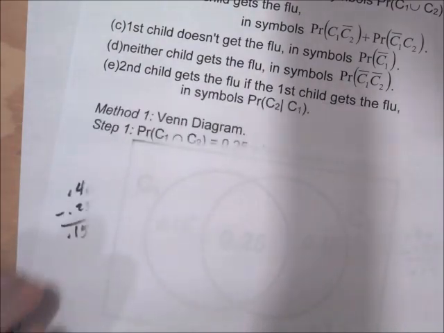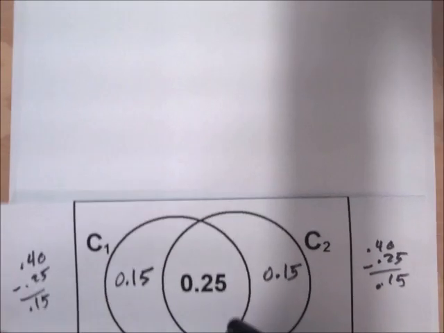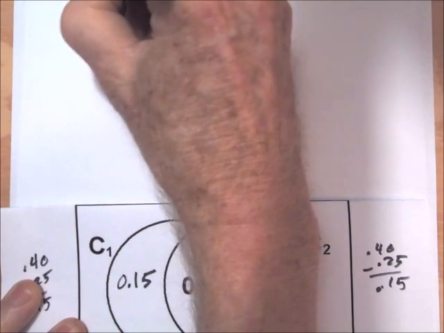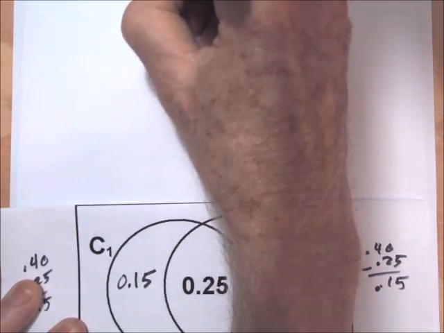For part A, we want the probability of at least one gets the flu.